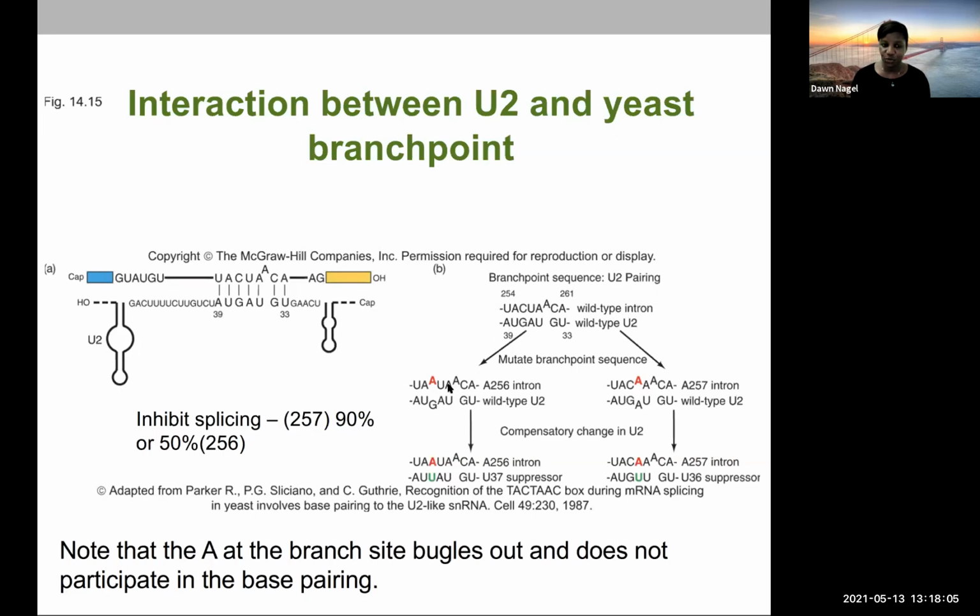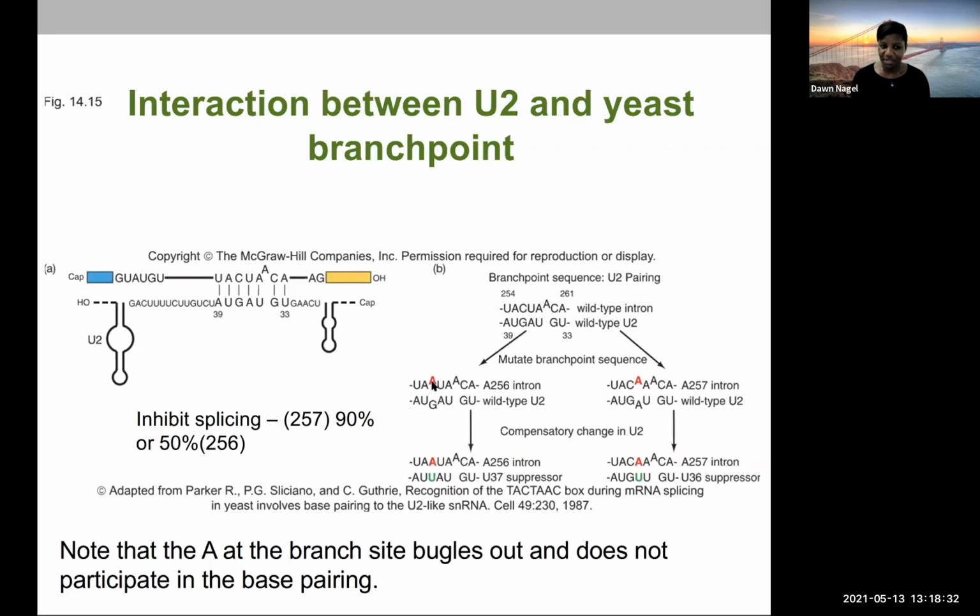If you were to mutate this C in this case and add an A, this U2 RNA is not able to bind as strongly, right? So you kind of have this mismatch here. When this happens, you actually have a reduction in splicing, about 50%.